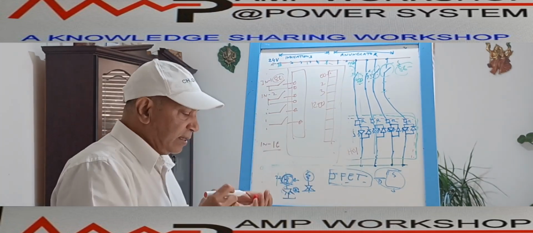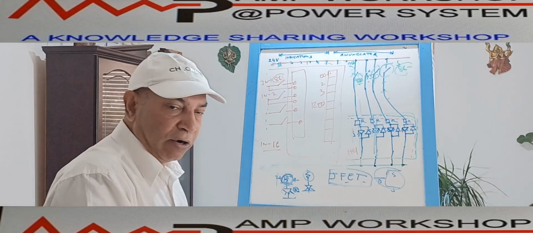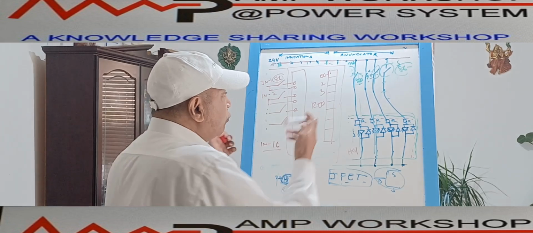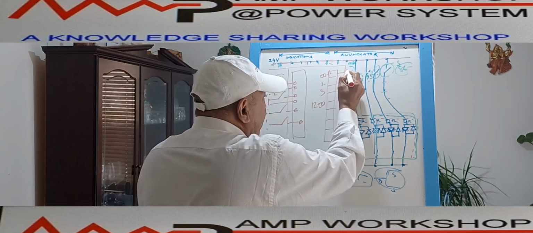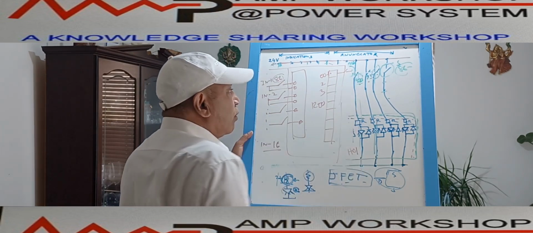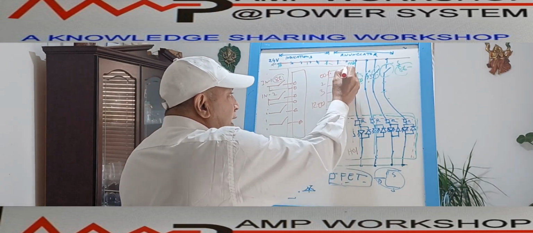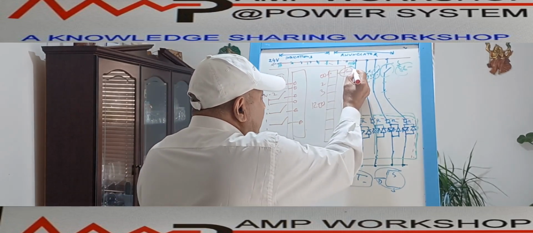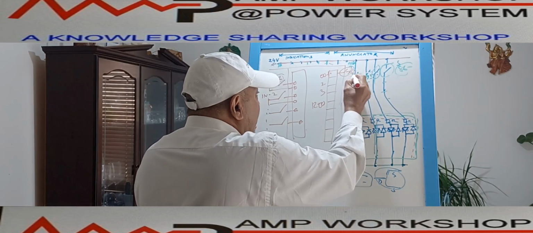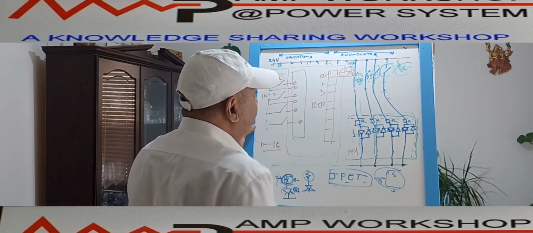This reed relay has a contact. Suppose it is an NO and NC contact. If we use the NO contact, suppose this is one of the NO contacts, it is giving one NO contact. This NO contact we can wire up to the indication lamp. There is an LED over here, and this LED is connected this way.